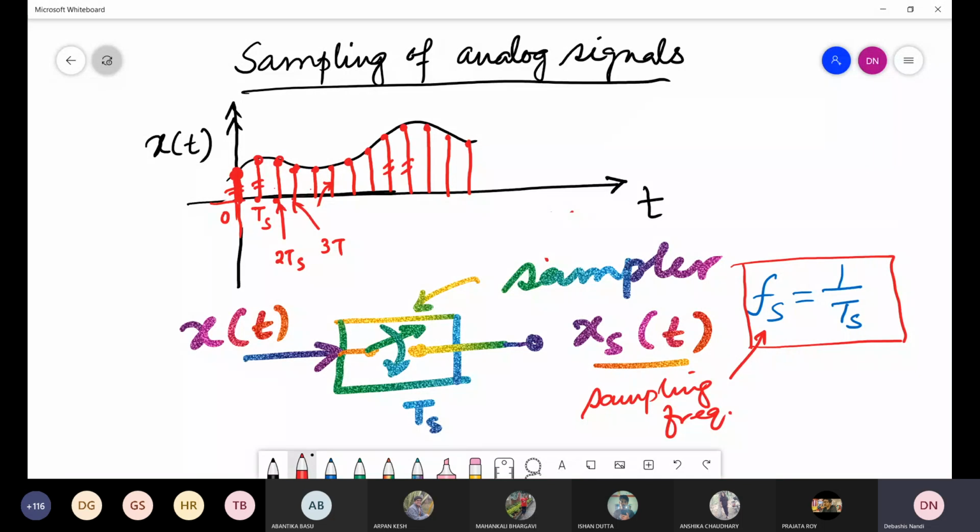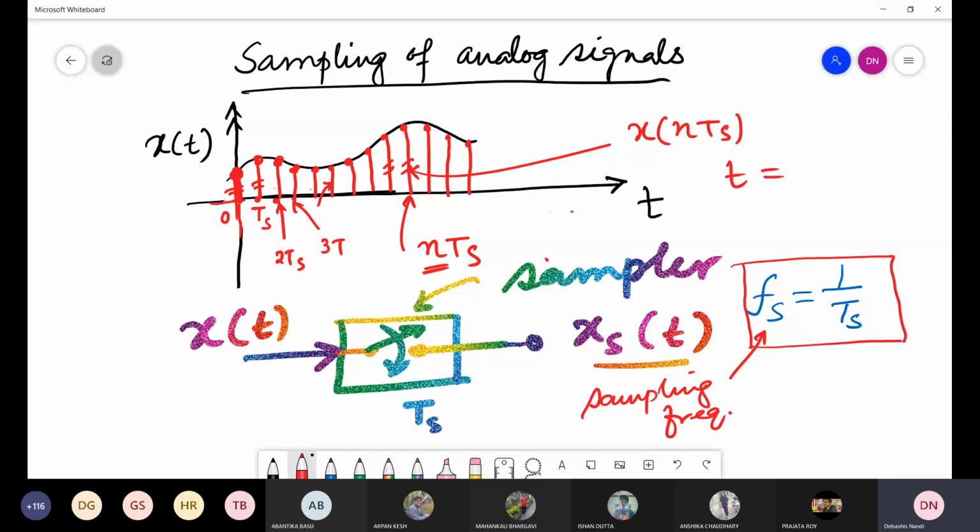And suppose this is your NTS sample. If this time instant is NTS, where N is an integer and TS is the sampling period, this sample value can be represented by X(NTS), because actually the signal is X(T).